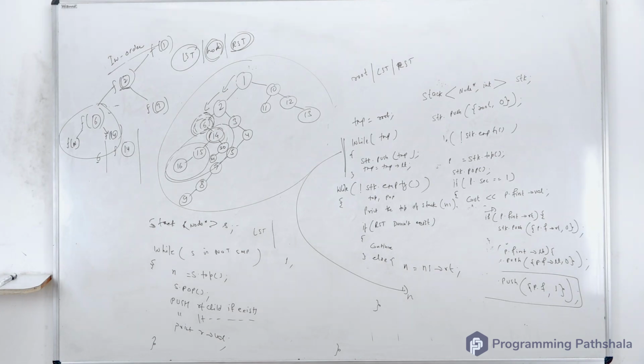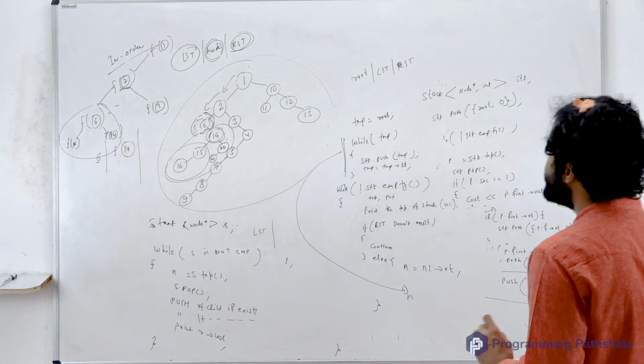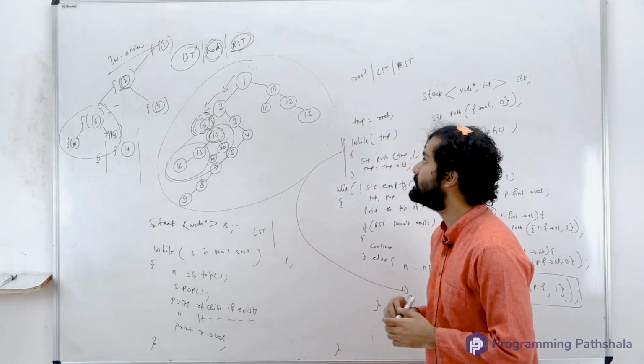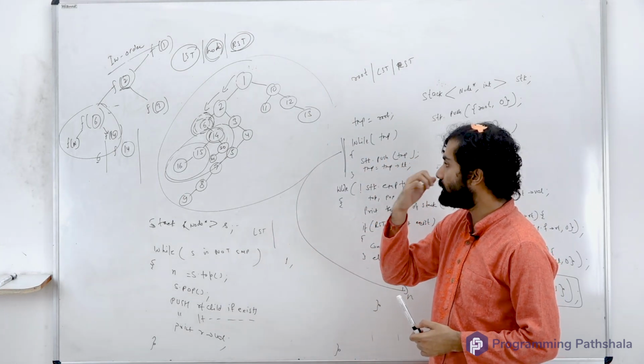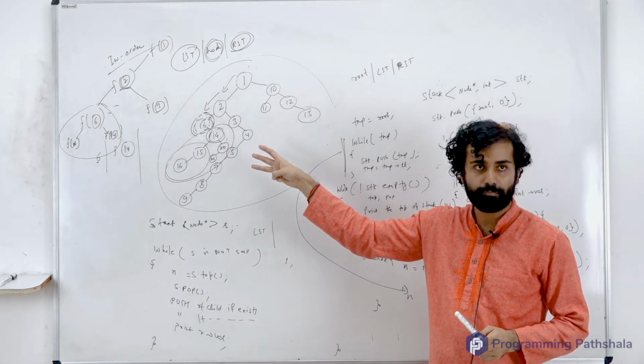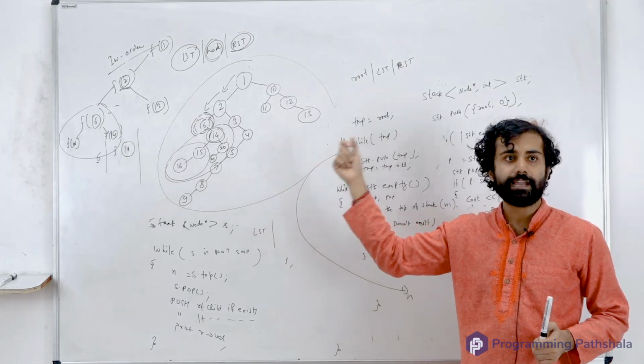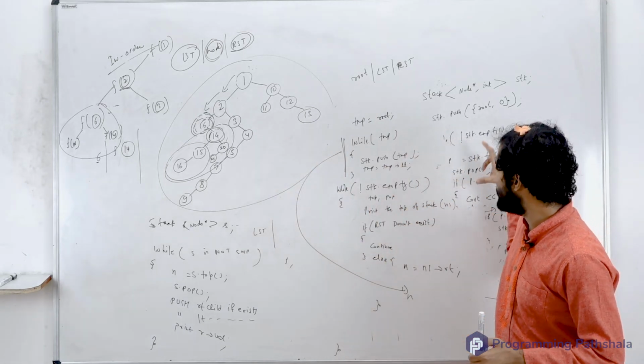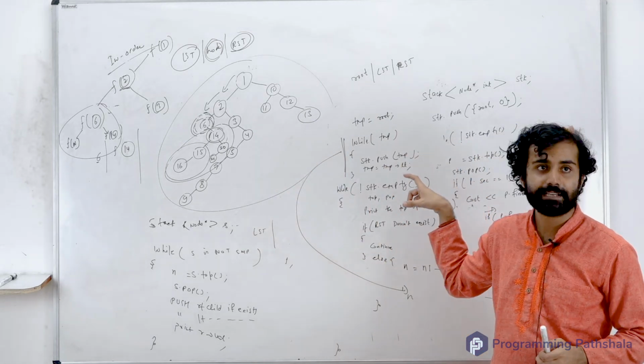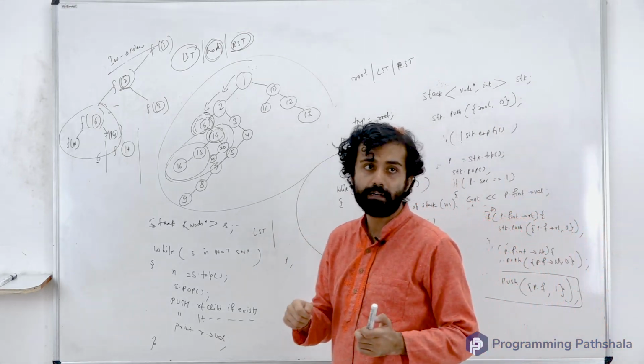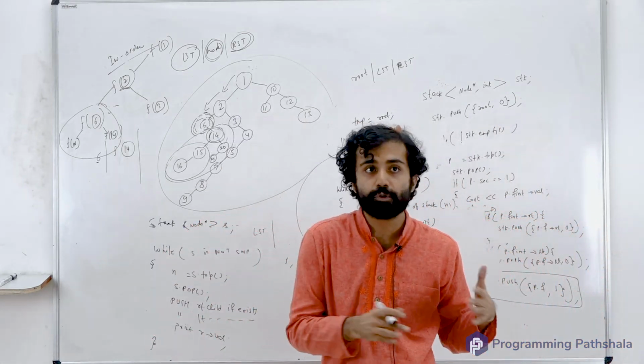So did you guys realize how I can perform inorder? And so what did we learn? First we learned recursive ways to perform all the 3 traversals, and then we learned a generic iterative way for all of them. The problem with the generic iterative way was that I was using that extra flag thing which some interviewers might not be happy with, so they might ask me to do it without that.